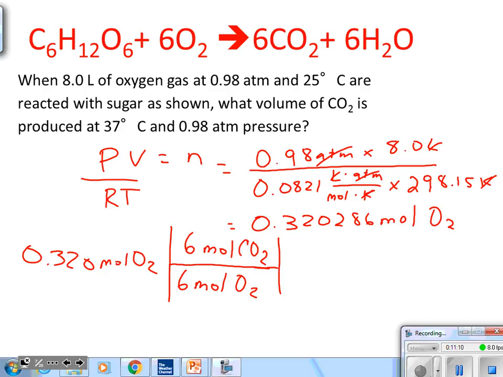All right, getting back to this problem. Would we agree that multiplying by 6 and dividing by 6 is going to give us the same number? So I have now converted this into moles of carbon dioxide.